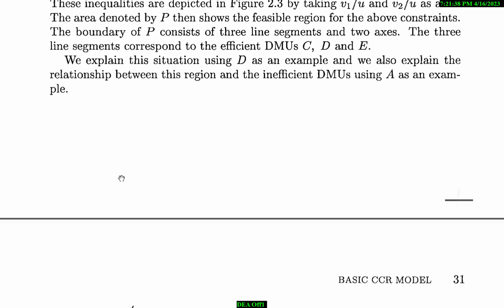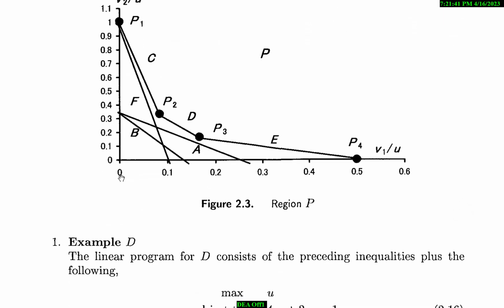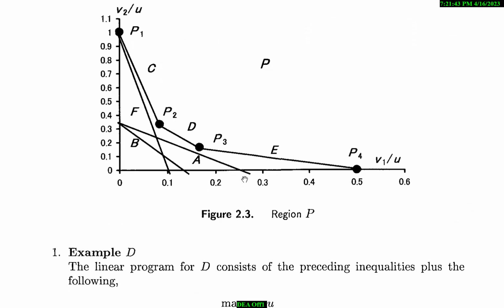This is a line that if you determine, for example, the value of the first variable when the second one is 0, that is this point, and when the first is 0, the second one will be this one.